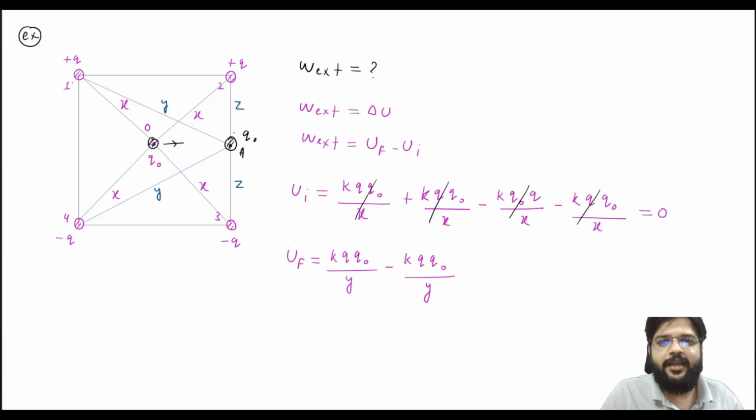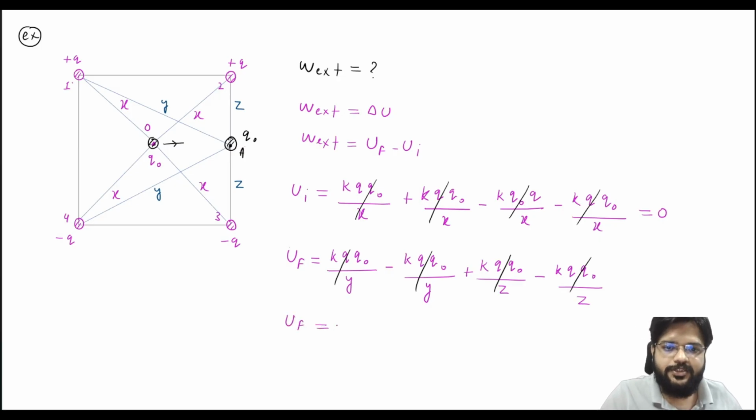Then we will write between the second and A, everyone, and at the second point we have a positive charge, so the potential energy can be written as plus k q q naught by z. And then between the third and A, it is minus k q q naught by z, everyone. Now this and this are cancelling, and this cancelling. So finally the final potential energy is 0.